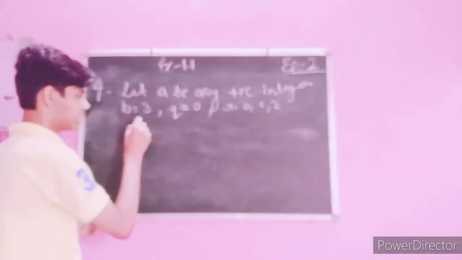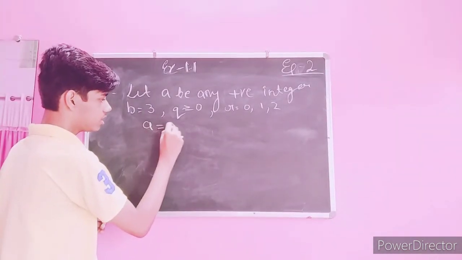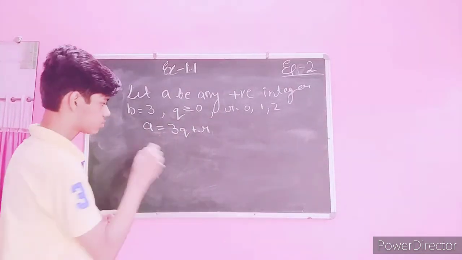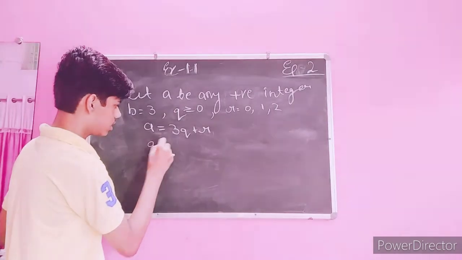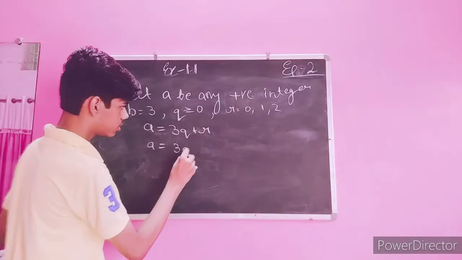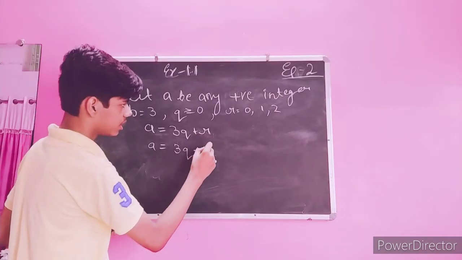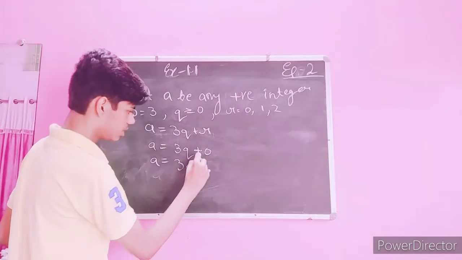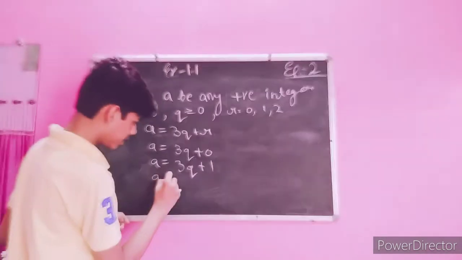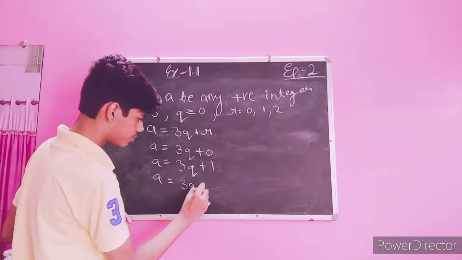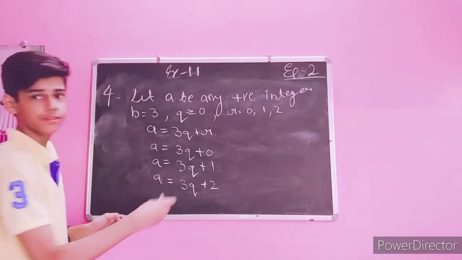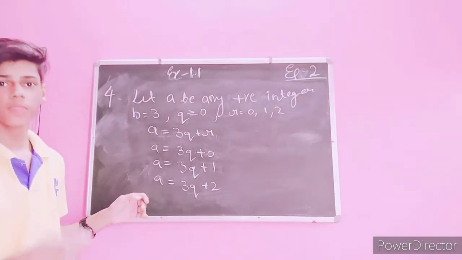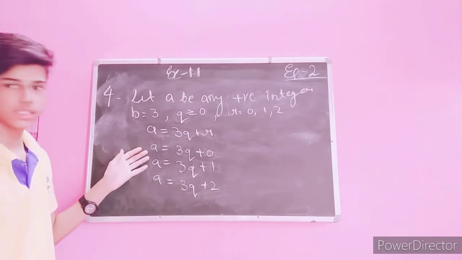Okay, so here we have a is equal to 3q plus r, and we have the values of r, so we will write a is equal to 3q plus 0, a is equal to 3q plus 1, and a is equal to 3q plus 2. And we have to prove that squares can be written in this form, so we will just square these numbers.